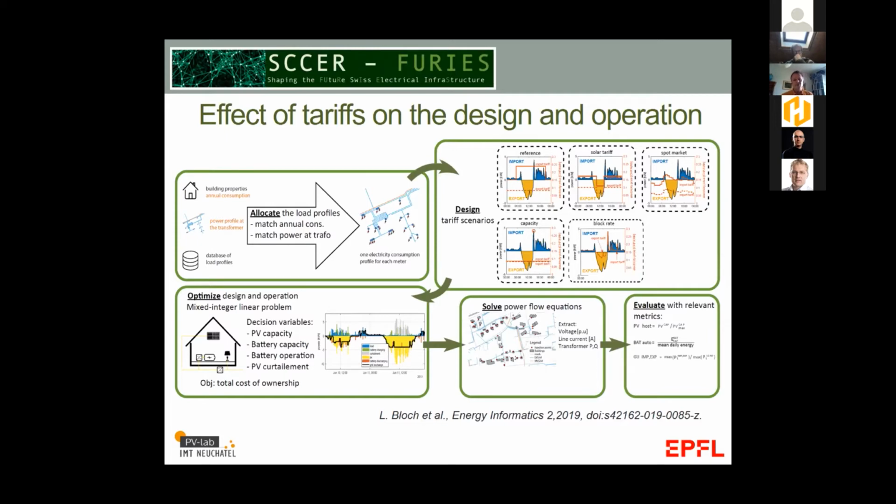And having solved the operation, we then looked at the power flow calculation of the grid, also to look at the impact of this operation, and then evaluated the result using different metrics.